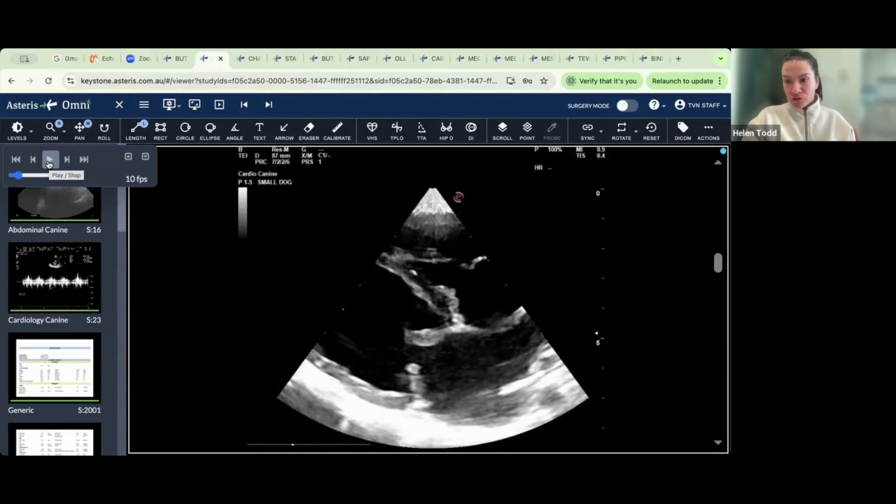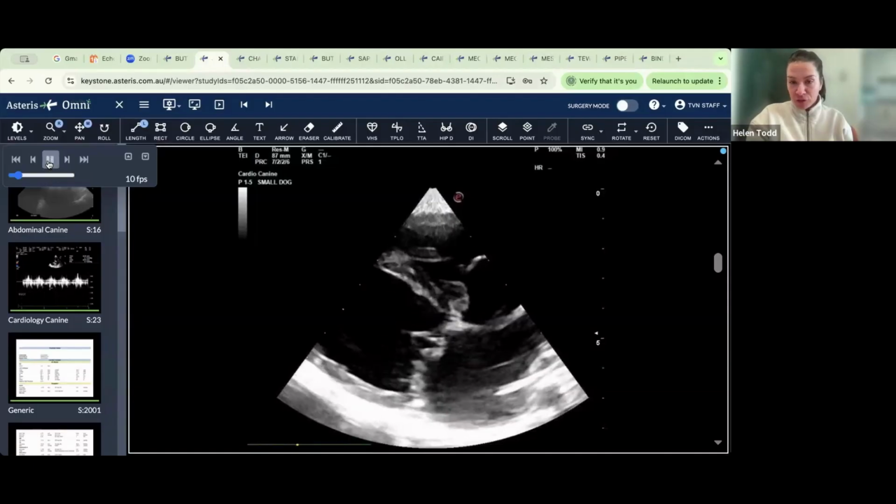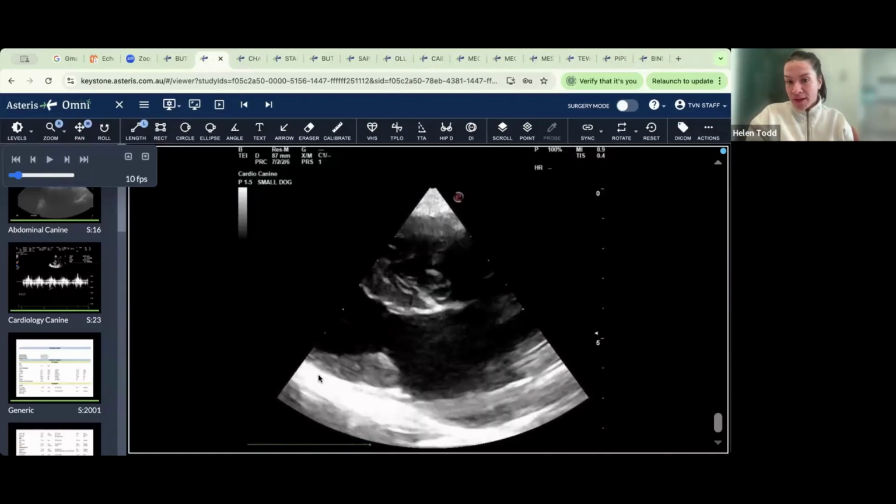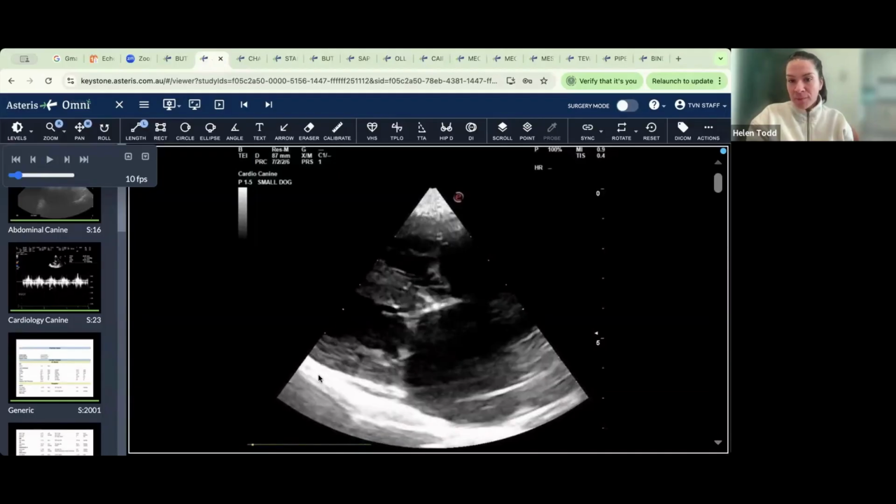The other thing that this mitral valve is doing, which is very common with degenerative mitral valve disease, is it's actually prolapsing into the atria. So as our mitral valve closes, our valve annulus across here should be beautiful and almost straight or slightly projecting out.